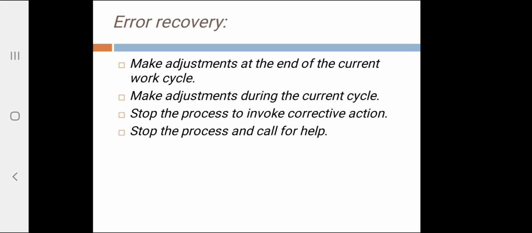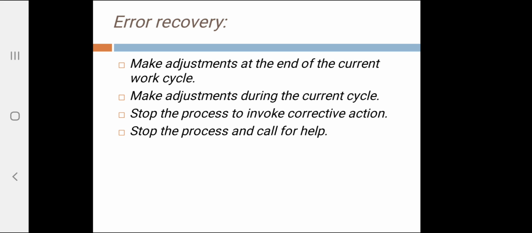In the second strategy, make adjustment during the current cycle, this generally indicates a higher level of urgency than the preceding type. In this case, the action to correct and compensate for the detected error is initiated as soon as the error is detected. However, it must be possible to accomplish the designated corrective action while the work cycle is still being executed.